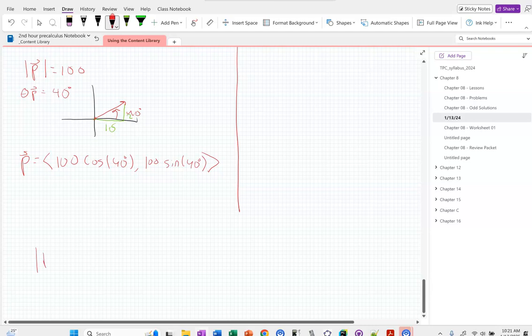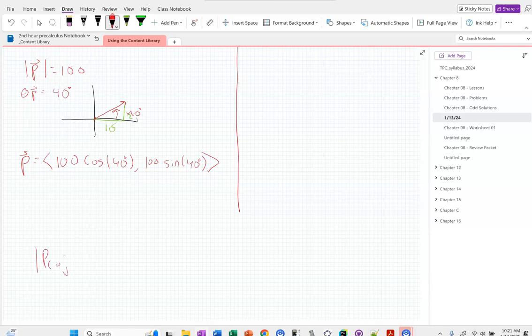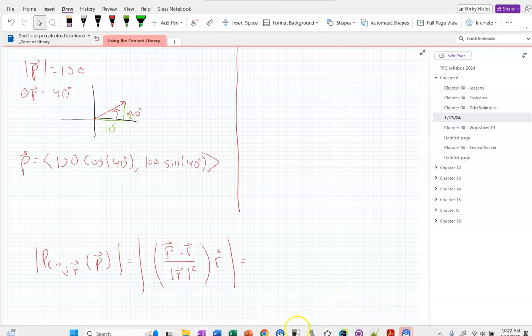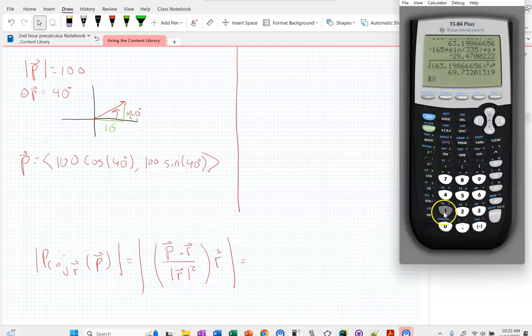All right. So we need the magnitude of the projection of P onto R. So that's going to be the magnitude of P dot R over magnitude of R squared times R. So I'm going to go ahead and compute 100 cosine 40 and 100 sine 40 here before I get going too far.